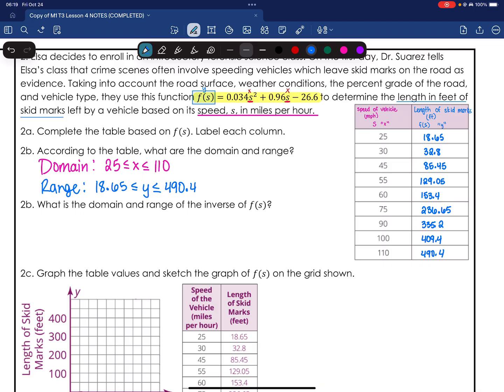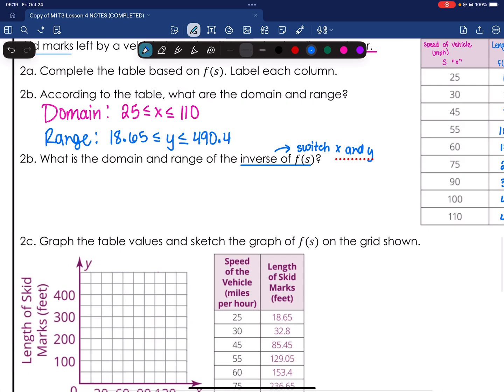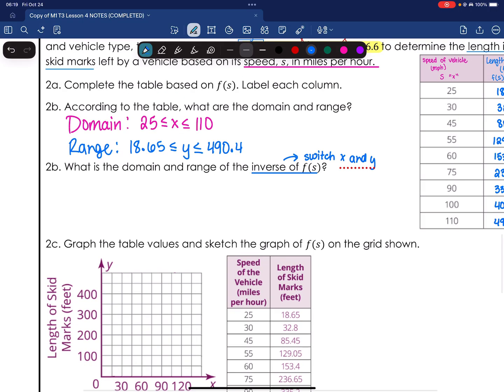So now we want to know what is the domain and range of the inverse of f of s. Remember, to get the inverse of f of s, all we do is switch x and y. So if we're switching x and y, we're switching the domain and the range. So my domain for the inverse is my range of the original function.